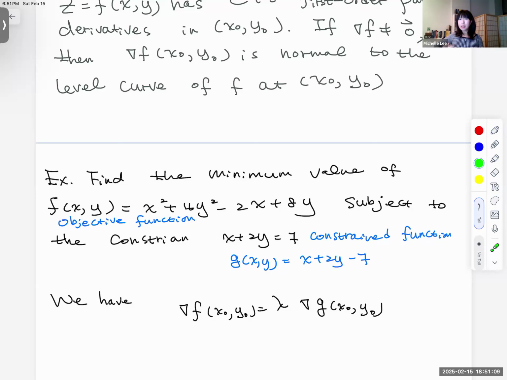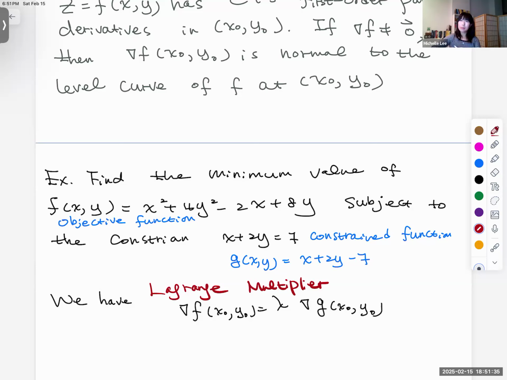Now, this is the Lagrange multiplier method, the formula, right?